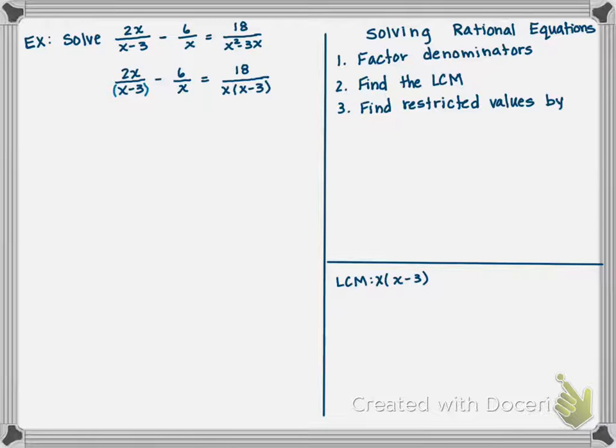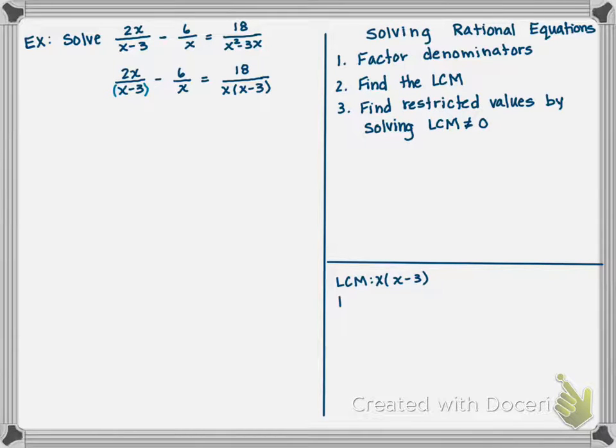And so we're going to solve LCM is not equal to 0. So that is equivalent to us setting each of our denominators not equal to 0 and solving.